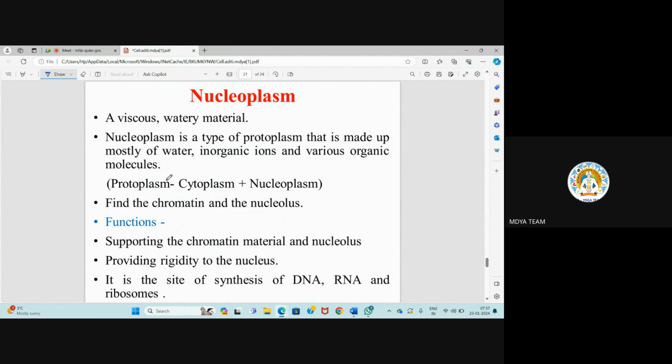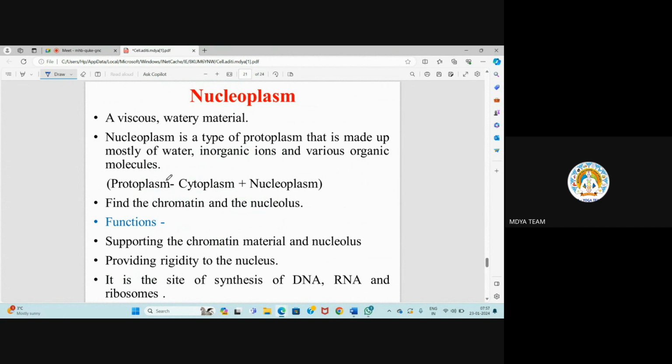So find the chromatin and the nucleolus. Sorry, here is a mistake. In protoplasm, nucleolus and chromatin float.